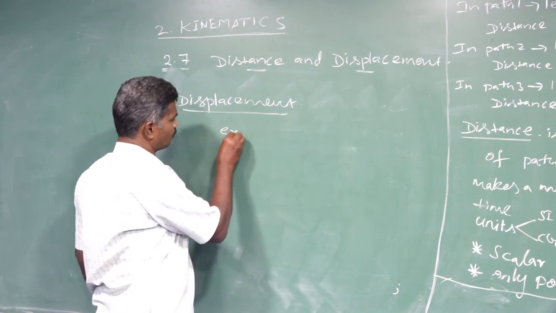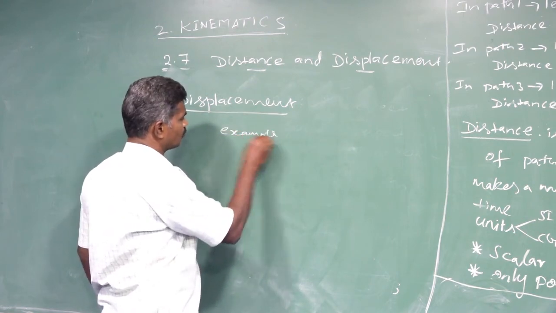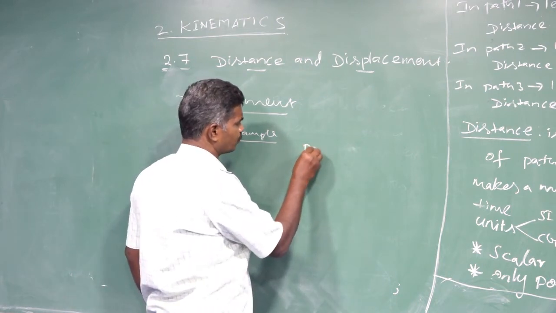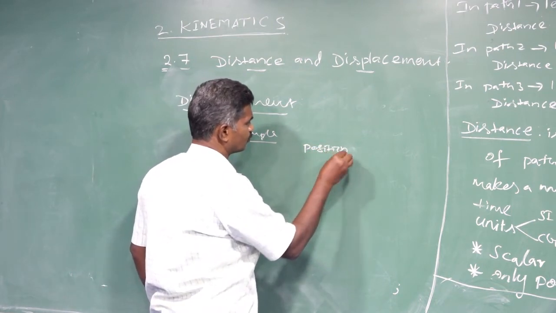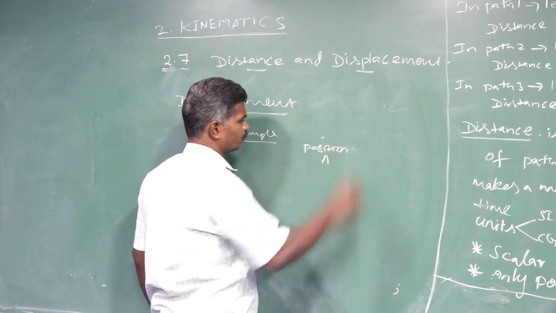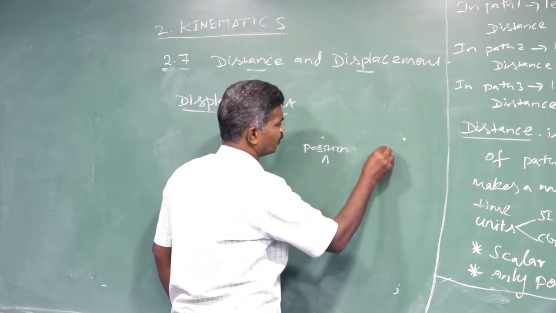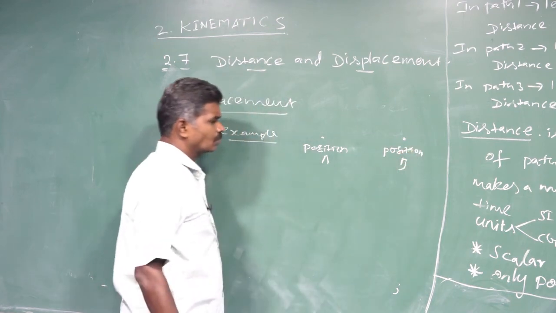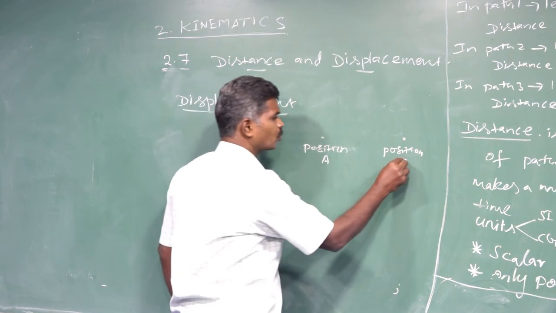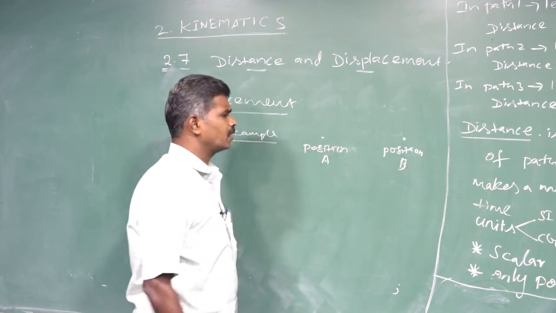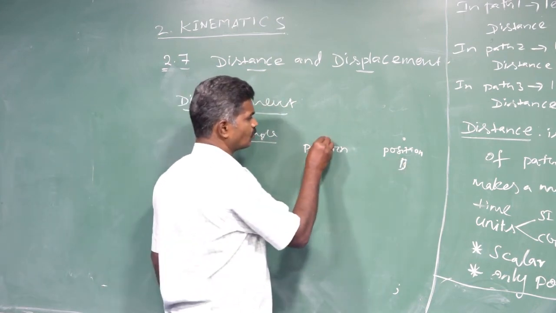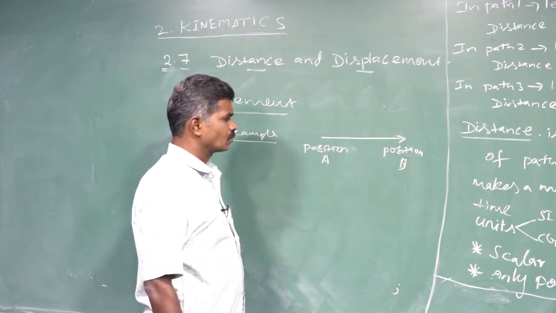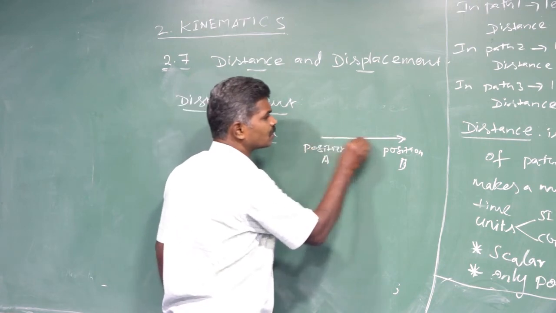Example diagram: we have position A and position B. A man wants to move from position A to B directly. It is the shortest distance.